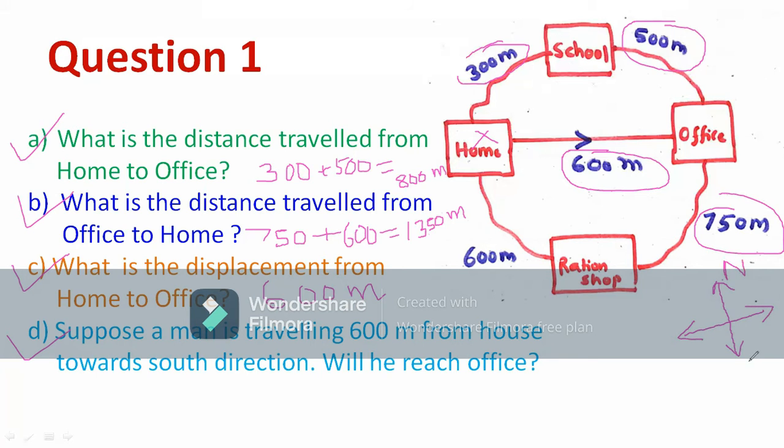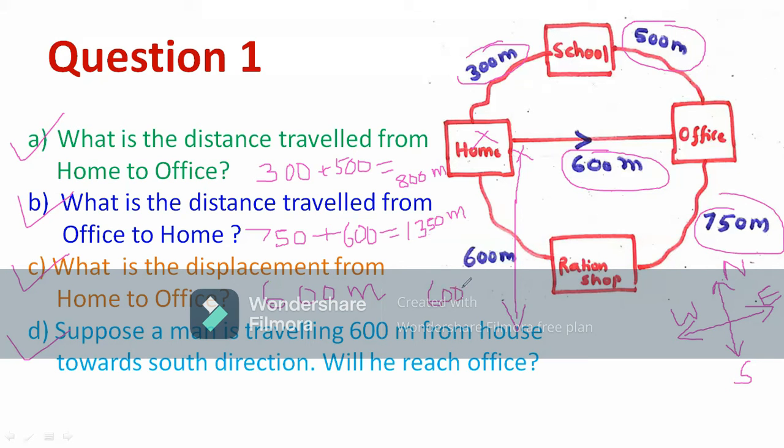North, then south, then east, then west. Look at this. So what is the question? Suppose a man is traveling 600 meters from the house towards the south direction. Towards the south direction means like this. Towards the south direction, will he reach the office? Never.